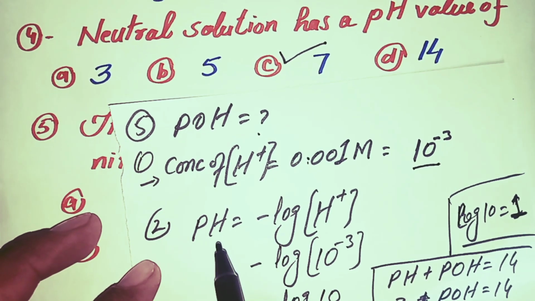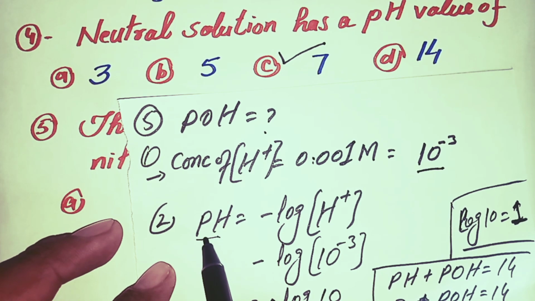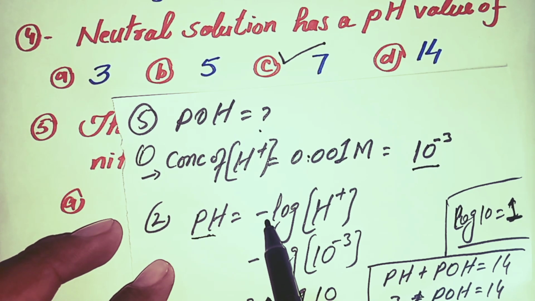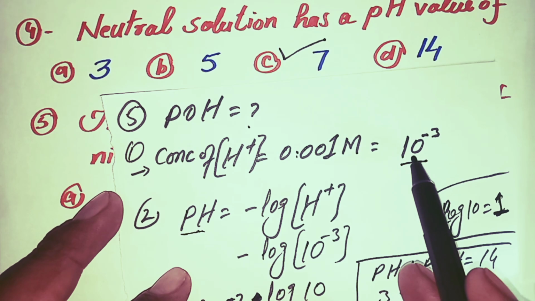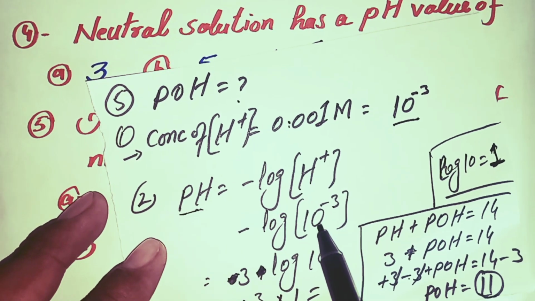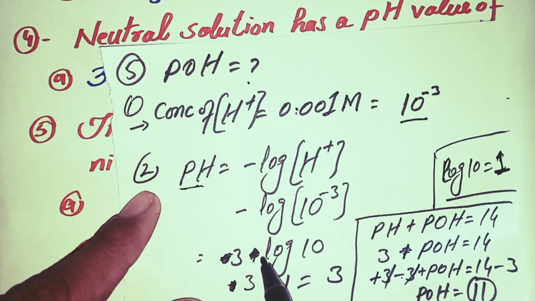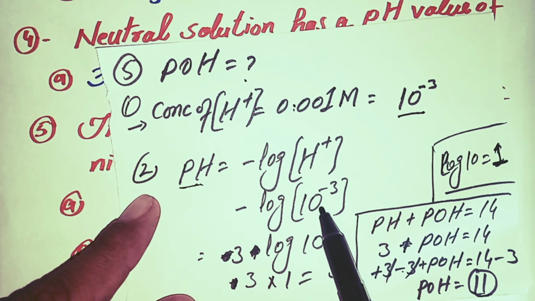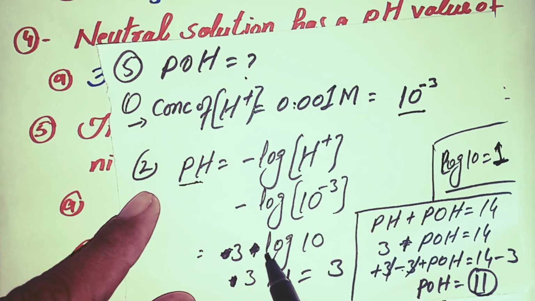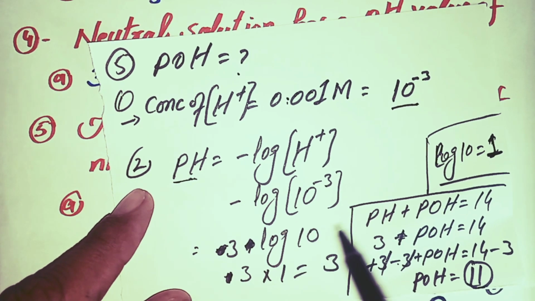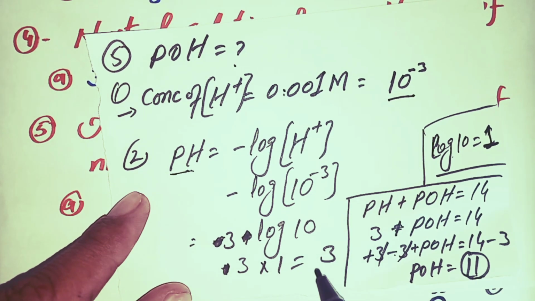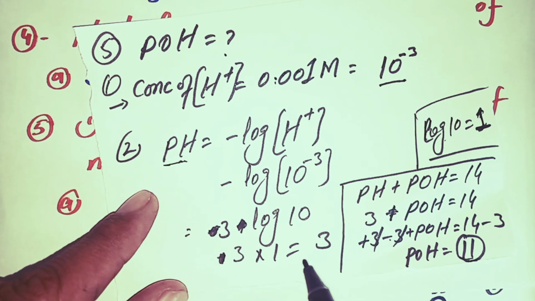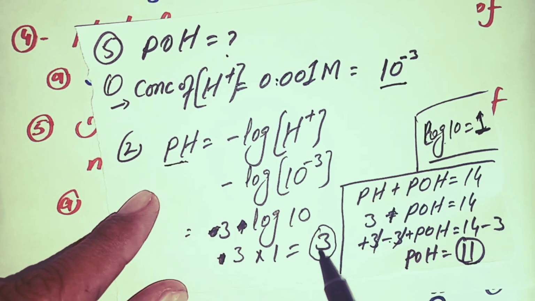Now we put the formula for calculating the pH. As we know that pH is equal to negative log of hydrogen ion concentration. Now we put the value of hydrogen ion concentration, that is 10 raised to power -3. After calculating this, we shift 3 here, and log 10 is equal to 1. We multiply 3 by 1, so we get pH 3.